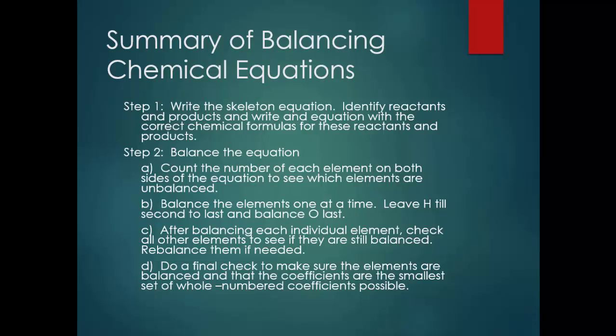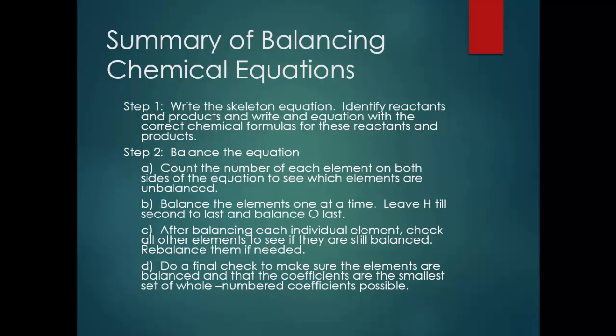After balancing each individual element, check all the other elements that you've influenced by that coefficient you inserted to make sure that they're still balanced. And if they're not, then go through and fix them, and do a final check when you're all done. Write down each element on the reactant side and the quantity that you have there, and then write each element on the product side and the quantity there, to make sure the elements are balanced and that the coefficients are the smallest whole numbers possible.